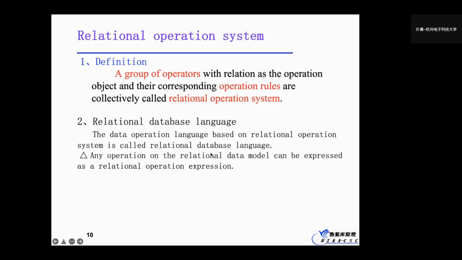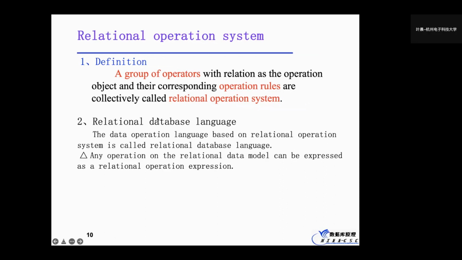So then let's see the relational operation system. First, let's see what is the definition. A group of operators with the relation as the operation objects and its corresponding operation rules are collectively called relation operation system. And then let's see what is relational database language.